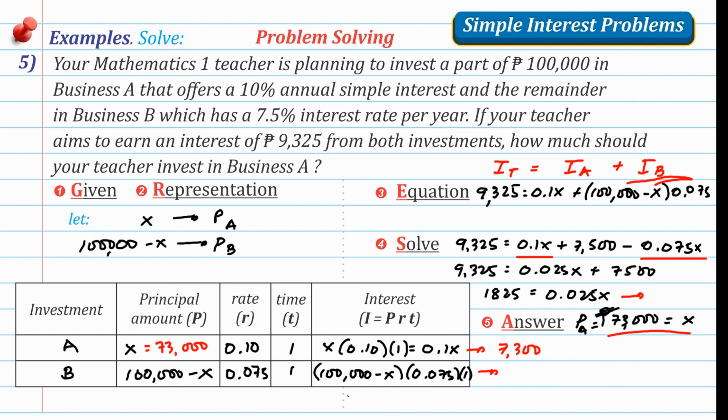Let me write, 27,000 times 0.075 is equal to 2,025. That's why when you get their total, it's 9,325, which is equal to the total interest from both investments. Therefore, our answer must be correct. The principal for A is 73,000 pesos.